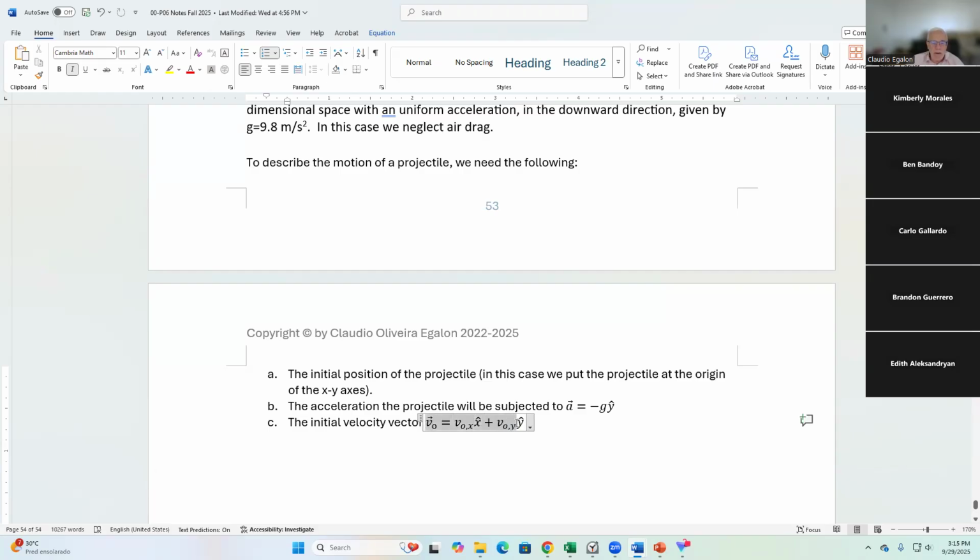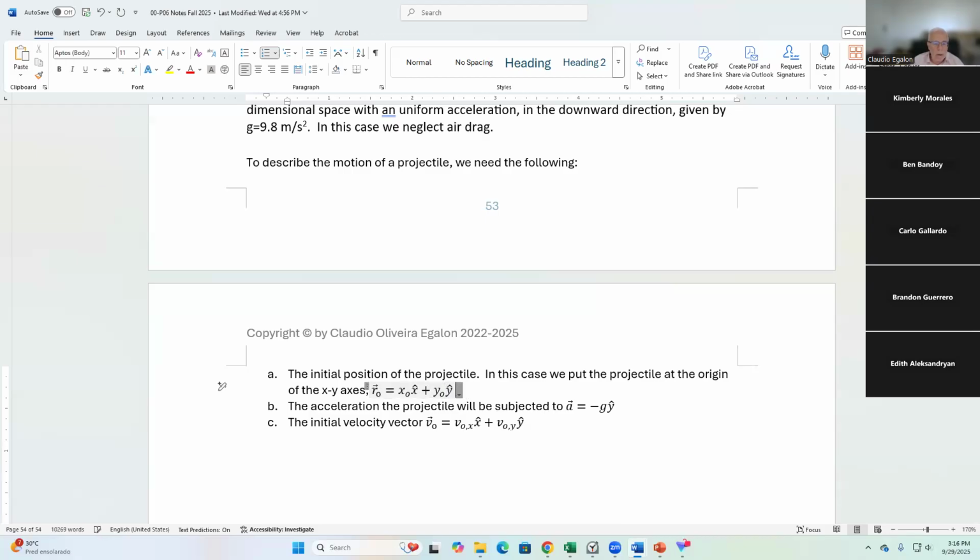And I'm going to do the same thing for the item number A. Initial position of the projectile. In this case, we put the projectile at the origin of the XY axis. And I'm going to put down here, R naught is going to be equal to X naught, Y naught, right?